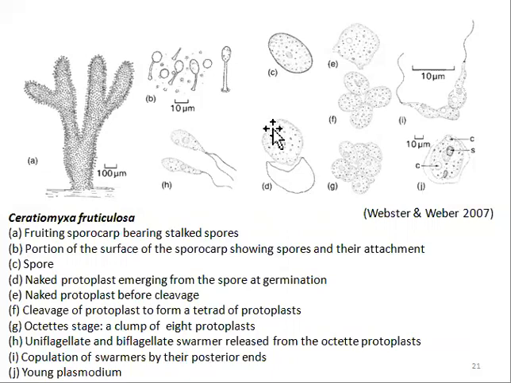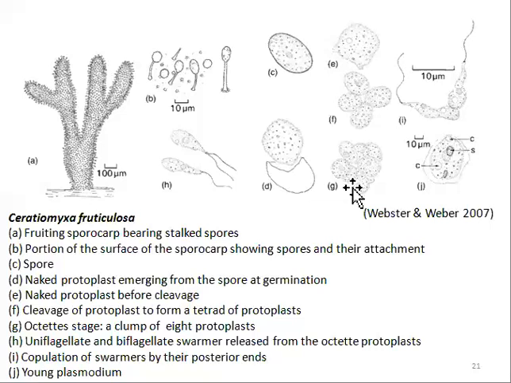E represents the naked protoplast before cleavage, that is, before the start of germination. Here you can see the cleavage and four cells, four protoplasts, are formed.